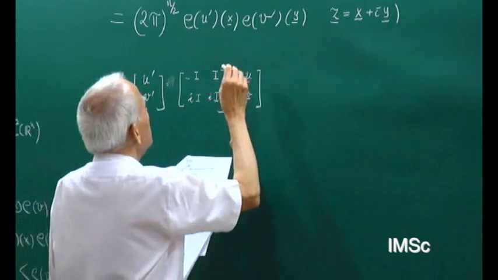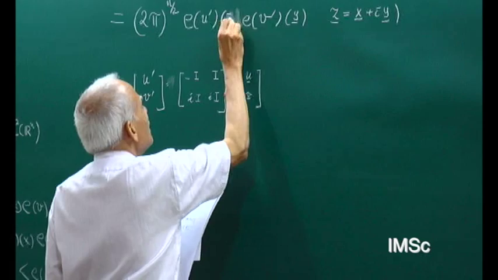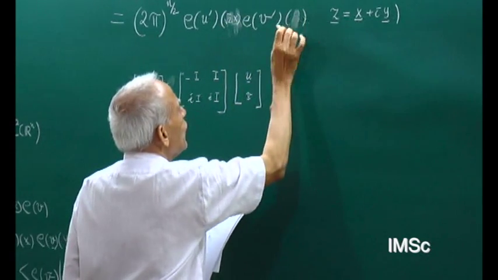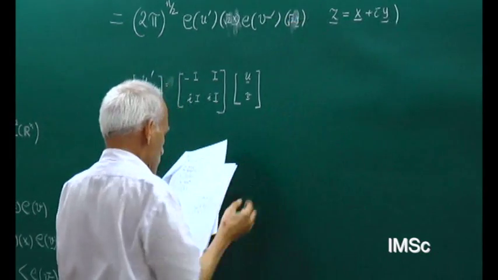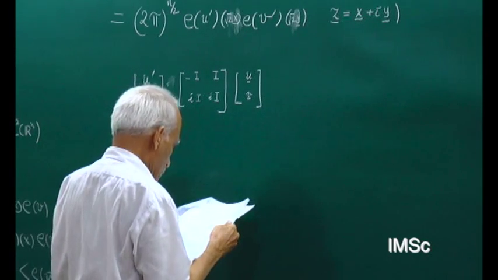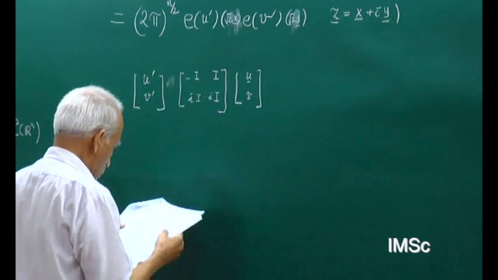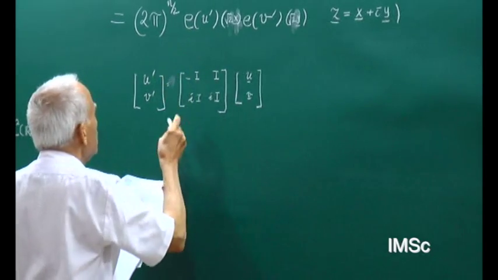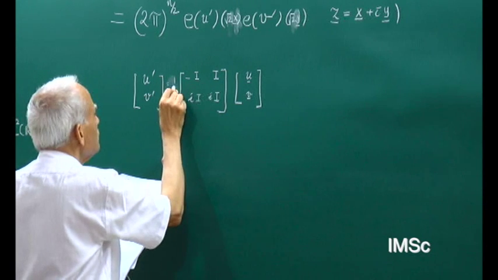Sorry, this is not x but root 2 x. There is some algebra involved here. This is root 2 y. And because of this, sorry, that is also, I think, 1 over root 2 here.